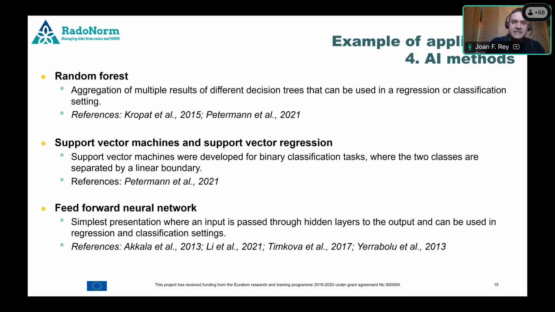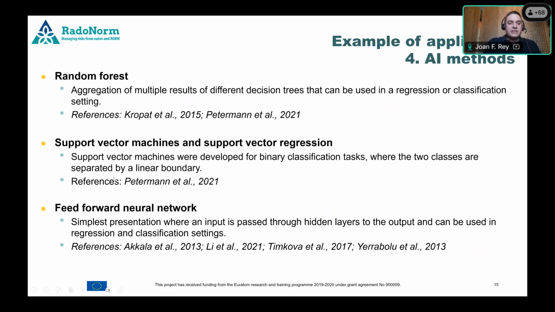So we are carrying on many times these steps, and then based on 1,000, 2,000, depending on the setting of the model, they will be used for a classification setting. And this is really interesting because here we can classify, for example, different classes of radon levels. It has been used here by Kopat, and I will show you an example later.